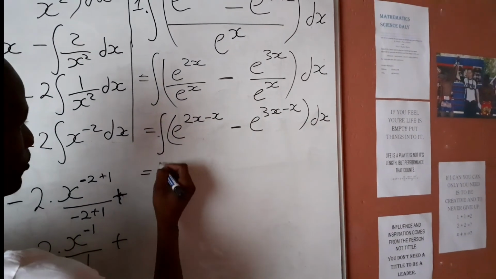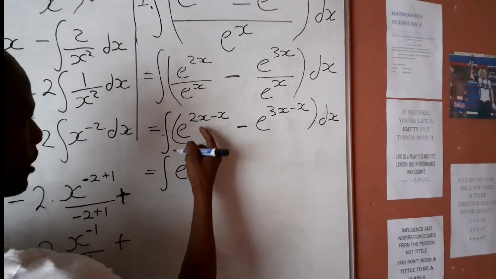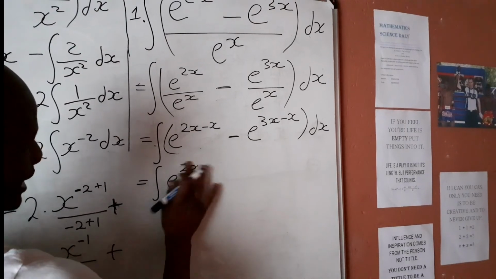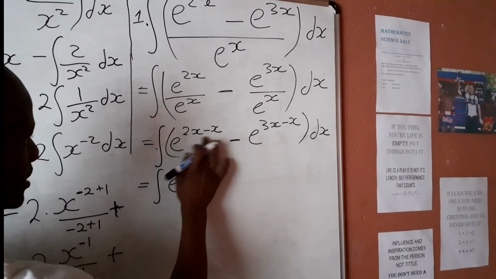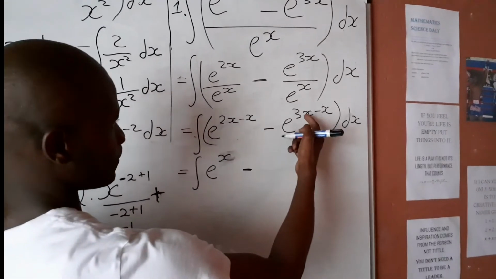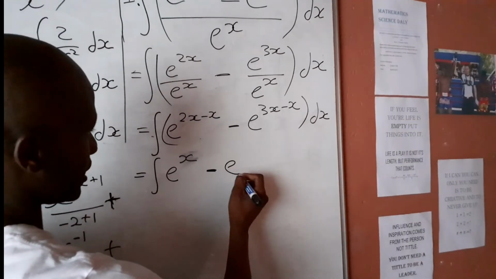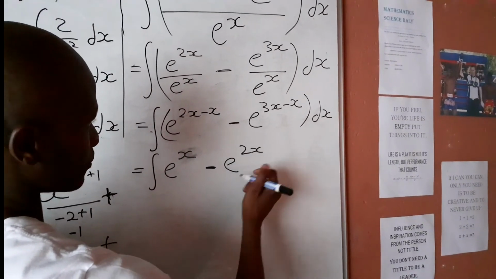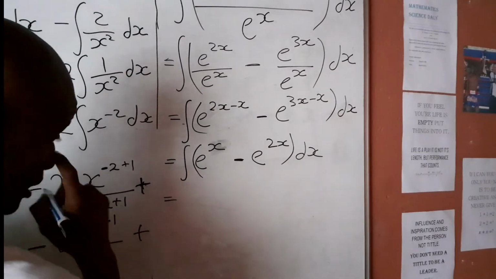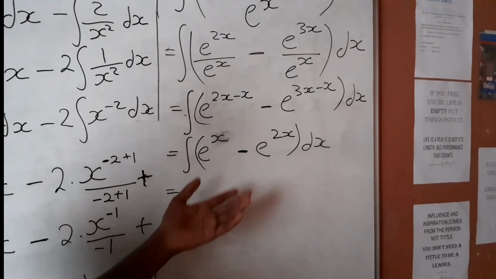So which is going to be integral e to the power 2x minus x is x, like terms, so it's going to be x, minus 3x minus x is going to be e to the power 2x dx. So I separate them so that I can integrate.